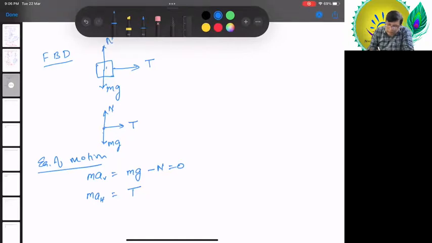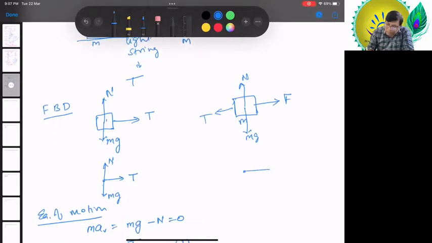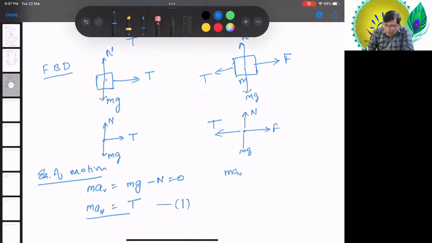Let us consider this as equation 1. Now consider another body, the second body with the same mass. Again this will have mg and N. This has external force F and tension T. In the vertical direction, again m a_v is equal to mg minus N is equal to 0.